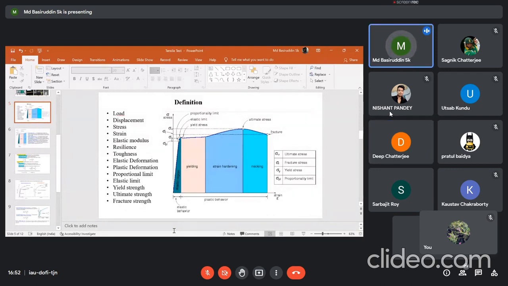In that case we can derive the equation, and finally we get that the true stress is equal to the engineering stress into engineering strain plus 1, right? You can derive it at home and try to correlate. But this is the simple thing.